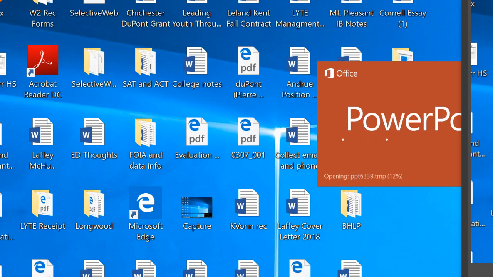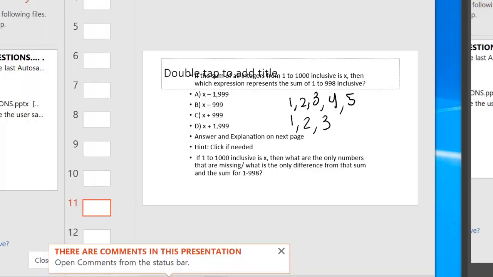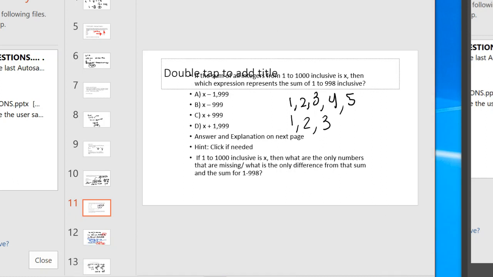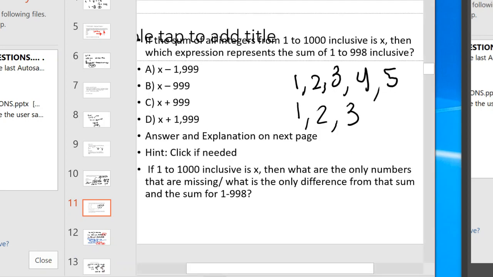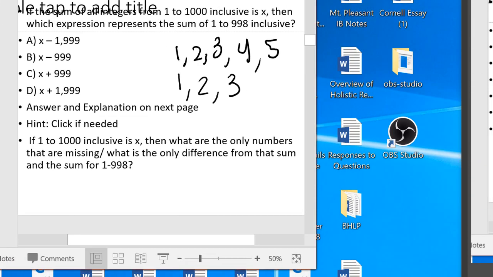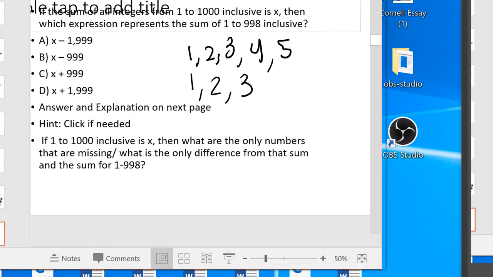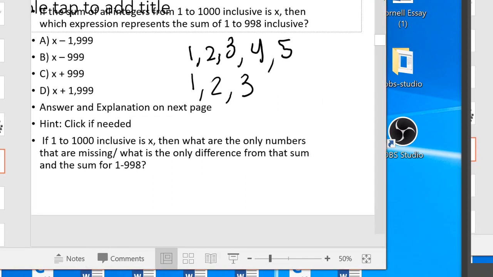Let's say that's 1, 2, 3, and then let's keep the last few numbers: 997, 998, 999, and 1000. So here are my last few numbers, right?